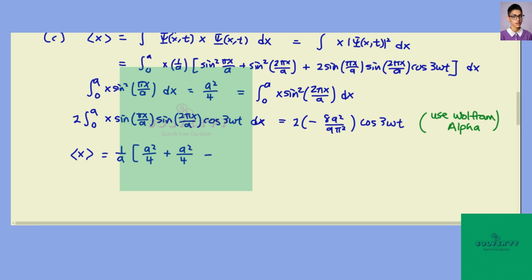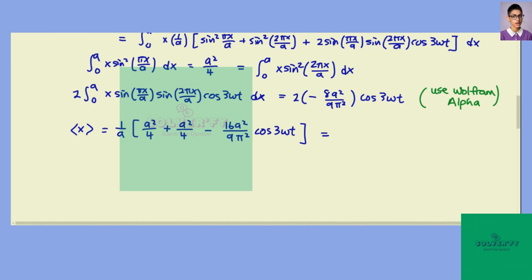Okay, and then plus or minus, minus 16a square over 9 pi square cosine 3 omega t. Okay, and then you can cancel the a, so you have a over 2 minus 16a over 9 pi square cosine 3 omega t, and this is equal to a over 2 times 1 minus 32 over 9 pi square cosine 3 omega t.